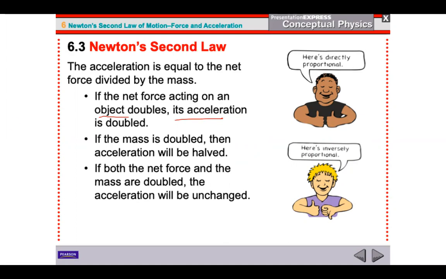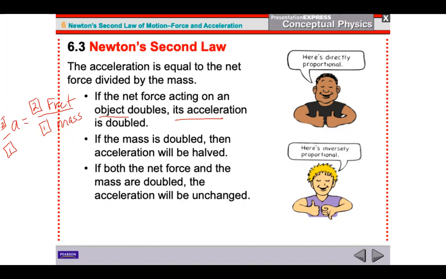There's a tool for doing this proportional reasoning. You can put a box in front of the force, a box in front of the mass, and a box in front of the acceleration on top and bottom. If you double the net force while keeping the mass constant, it will double the acceleration because you kept that mass constant.